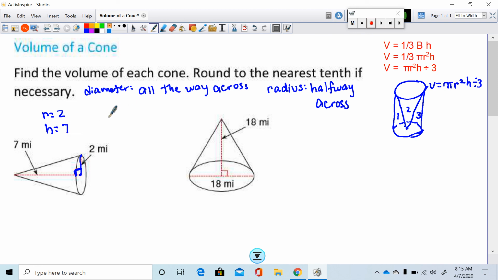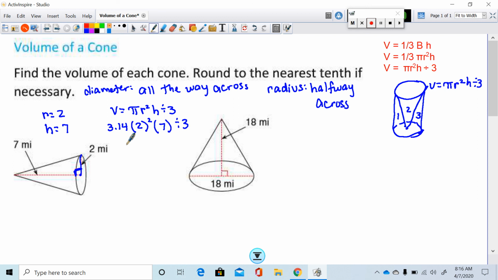So I'm going to use the formula how I prefer to use it. V equals pi r squared H divided by 3, and just start plugging it in. Pi is 3.14. That's what we're going to use. The radius is 2. I'm going to square it. The height is 7, divided by 3.